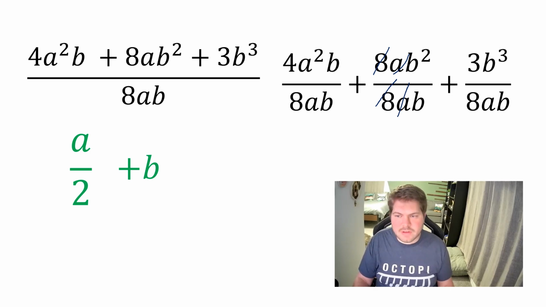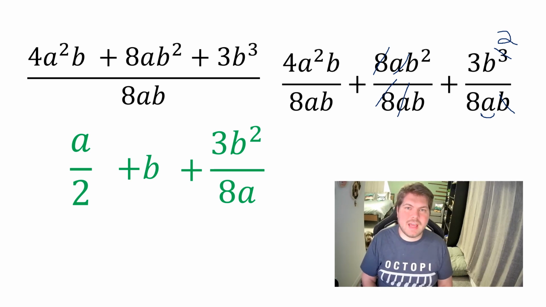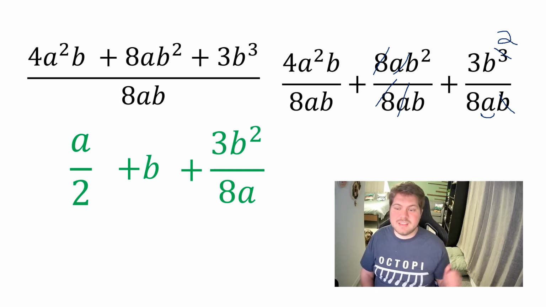They don't really divide into each other. And then a doesn't have anything to divide into from the top, and then we have 3 b's at the top, 1 b at the bottom. We can cancel that out and get rid of one of these b's, and we're left with 3b squared divided by 8a. And that was our last practice problem.